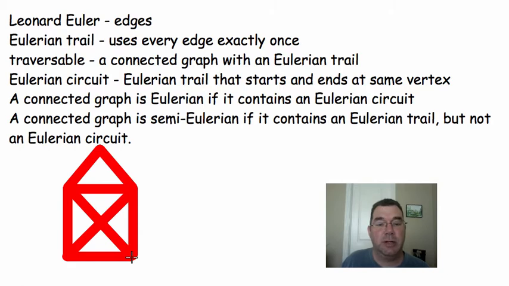And if a graph is traversable, then it's considered to be a connected graph with an Eulerian trail. That's what we have here. Remember, connected means that you can get from any one vertex to another vertex. So any graph that has that and it has an Eulerian trail that uses every edge exactly once, that's called traversable. An Eulerian circuit is a trail that starts and ends at the same vertex.